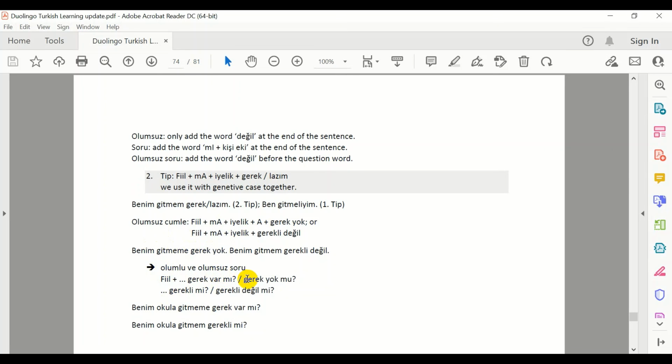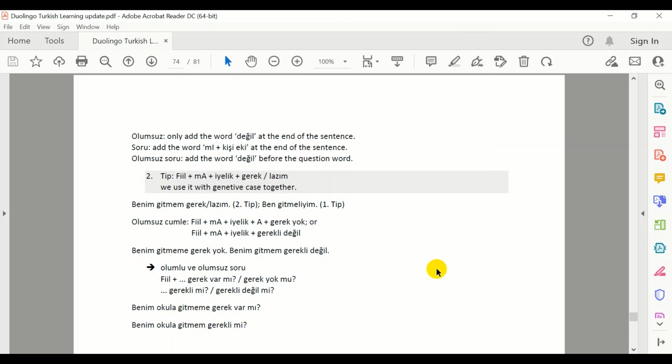Soru: benim okula gitmeme gerek var mı? Benim okula gitmem gerekli mi? So that is all.